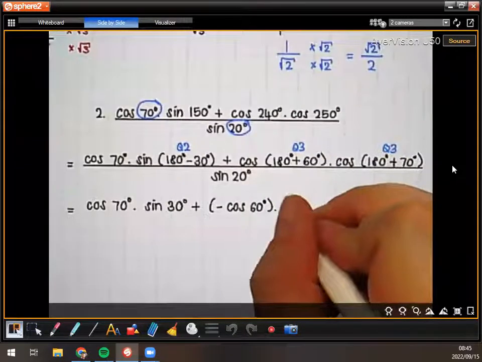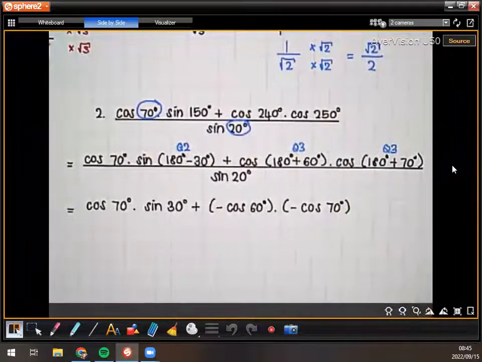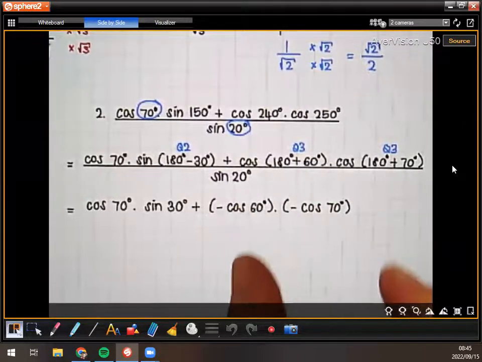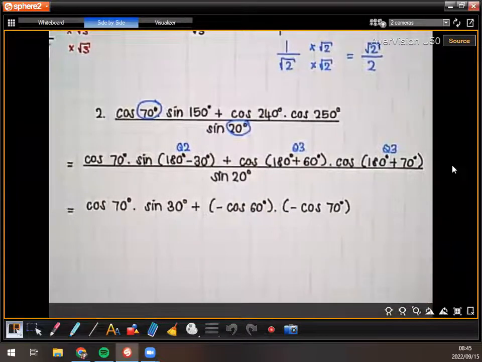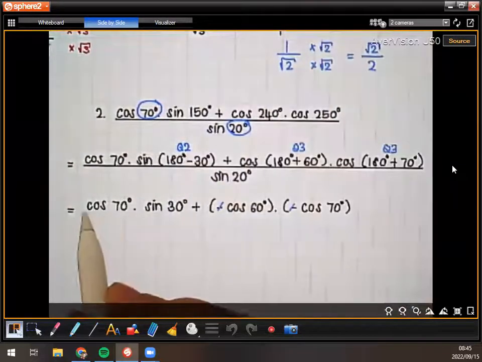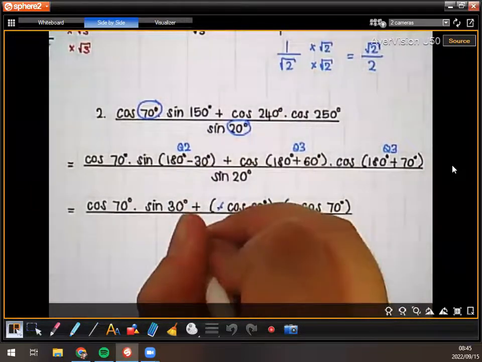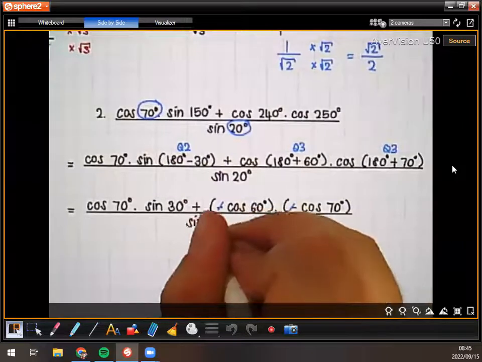So that is again, oh, sorry, negative cos 70. So what's going to happen with those two minuses? We're going to cancel out, right? But guys, at first, please, you must write them as negative so that the marker can see that you know that cos is negative in the third quadrant. Okay, then you can do your line through both of those minuses. And that is over sine 20.